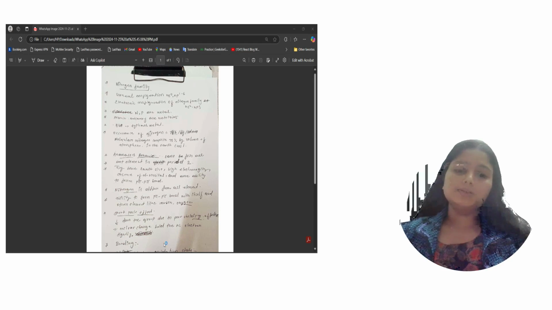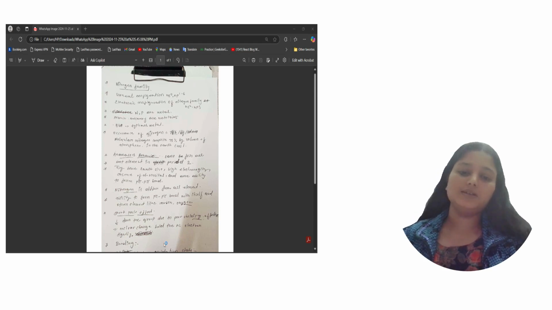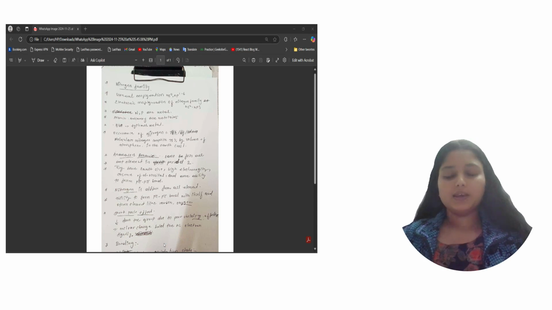Now we are talking about ionic radii, which decrease from left to right. When we go from left to right, it decreases, and when we go top to down, it increases because going down the group there is an increase in shells, so that's why the radius will increase.